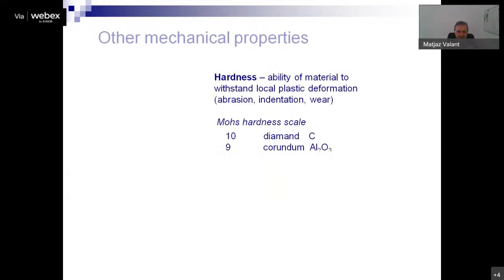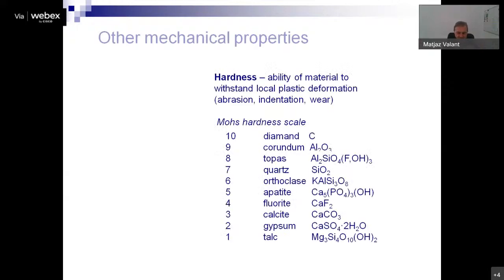And then we come to hardness. Hardness is something local, not like what we have been talking about before. We cannot describe it with a tensile stress curve. It's local, and it's the ability of a material to withstand local plastic deformation, abrasion, indentation, or wear.